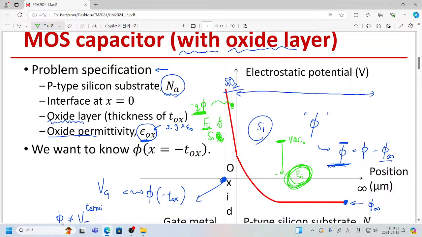the quantity to be pointed out by the electrostatic potential is the intrinsic Fermi level of the reference material. Then how can we choose the reference material? This is another question. For example, in this case, silicon dioxide and silicon. In this case, it is obvious that we must set silicon as the reference material.